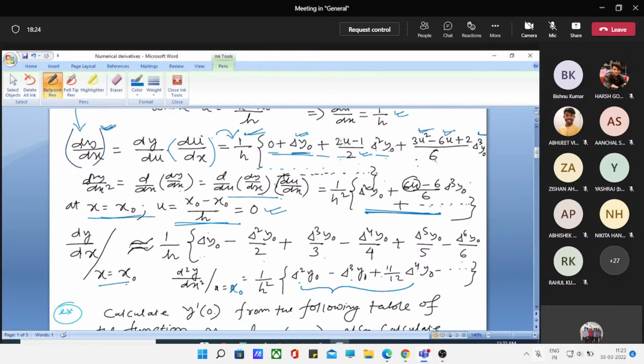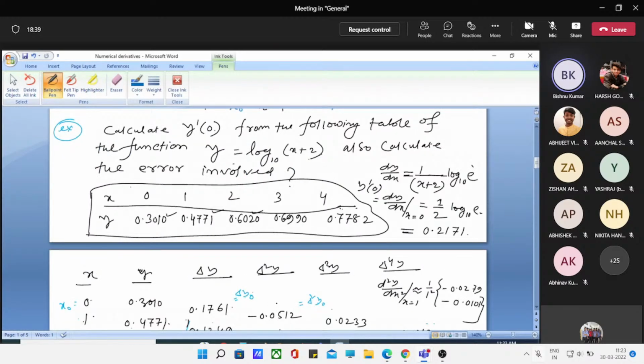Now come to this example. Are you seeing this example? Study it nicely. Calculate y dot 0. Y dot 0 means the derivative dy by dx at x equals x0, and x0 is 0, meaning the derivative at the first point, isn't it?